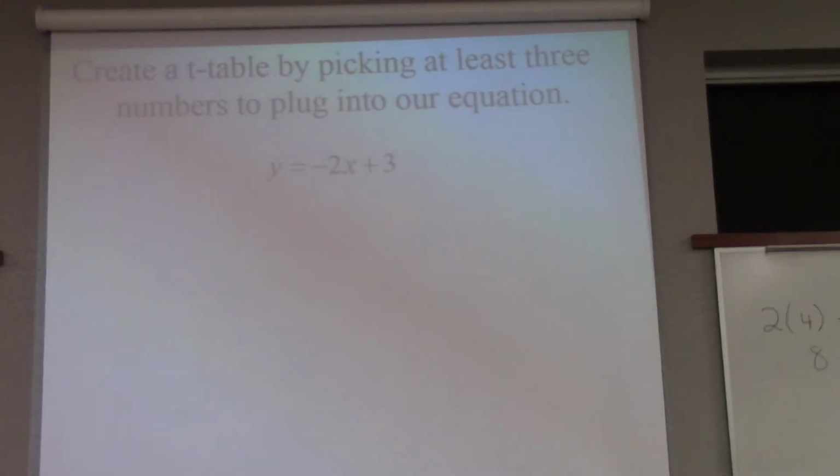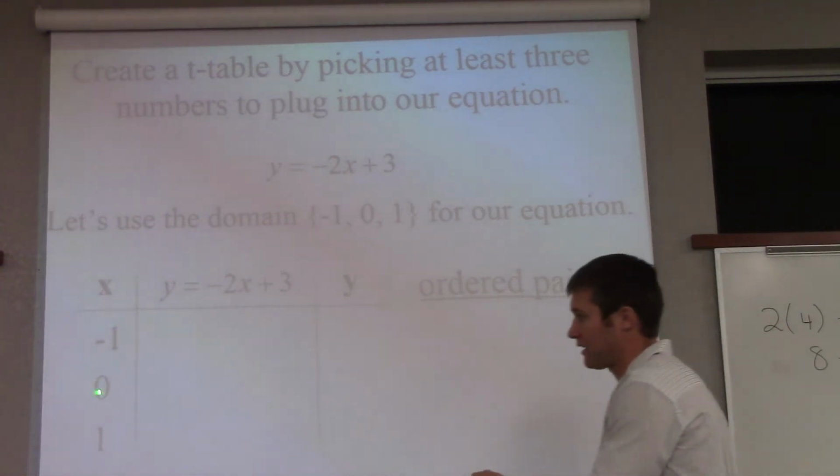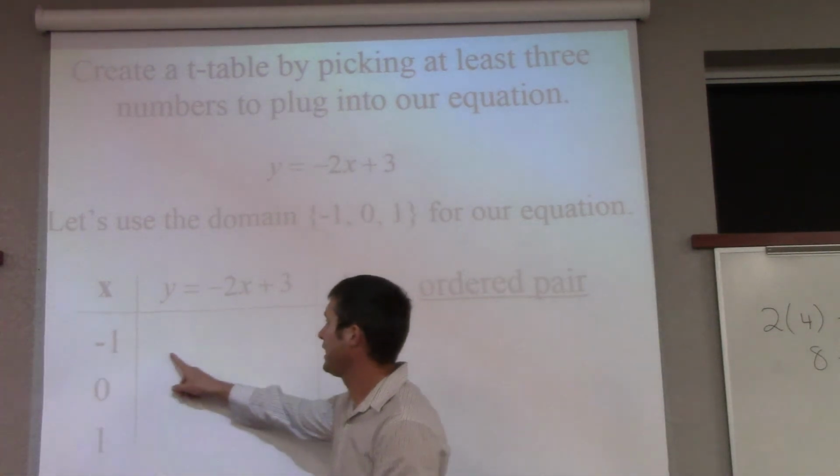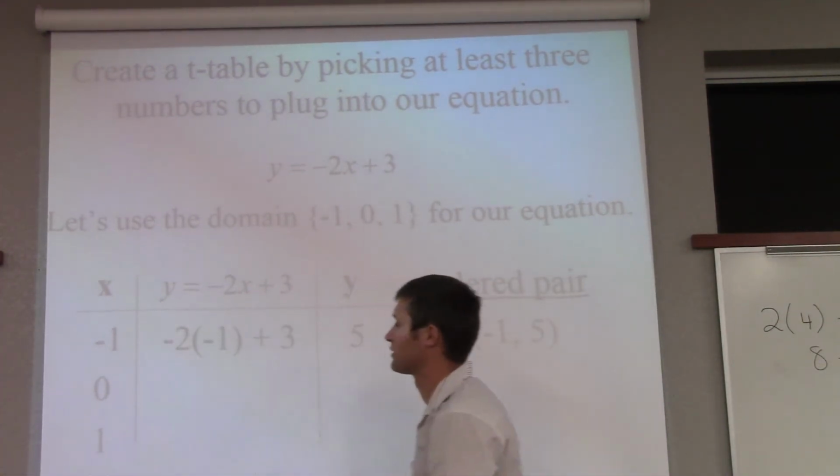So what we want to do now is create a table, and then graph it. I'm going to choose 3 points: negative 1, 0, and 1. My x values are negative 1, 0, 1. I take negative 1 and plug it in for x.